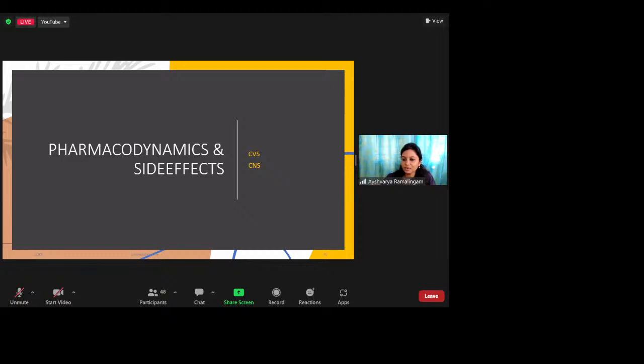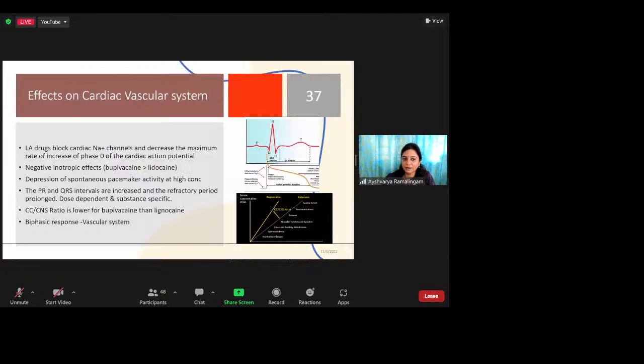The pharmacodynamics and side effects go hand in hand. With the effect on the cardiovascular system, local anesthetics block the cardiac sodium channels and decrease the maximum rate of phase 0 of the cardiac action potential, which increases the PR interval and the QRS interval, and the refractory period is also increased.